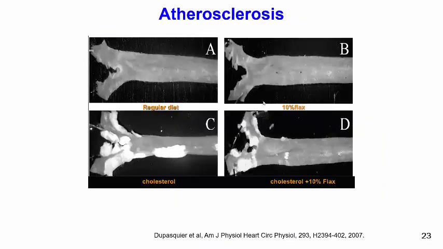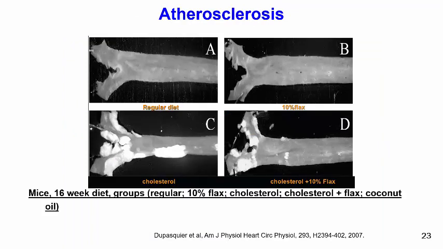Now, an interesting study here, this was a study published in 2007, and in this study, researchers took a number of mice in different groups, and these mice were put on a 16-week diet, and these were different diets among the different groups.